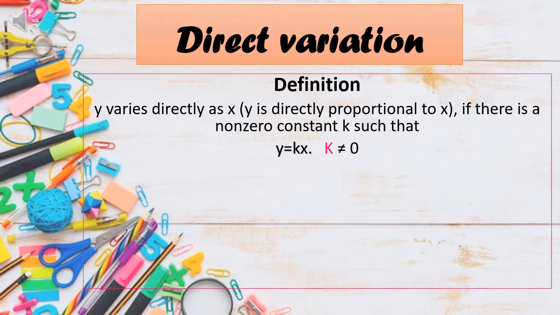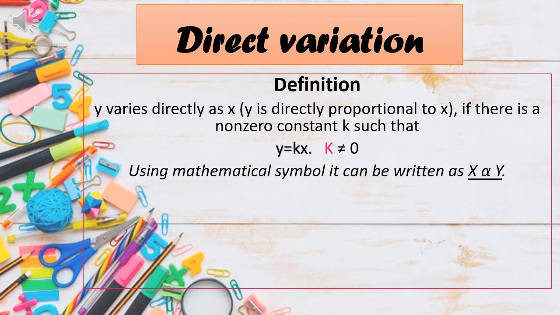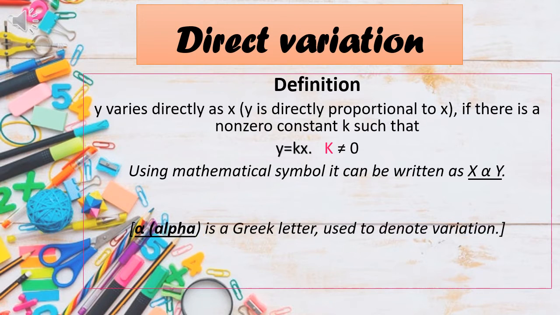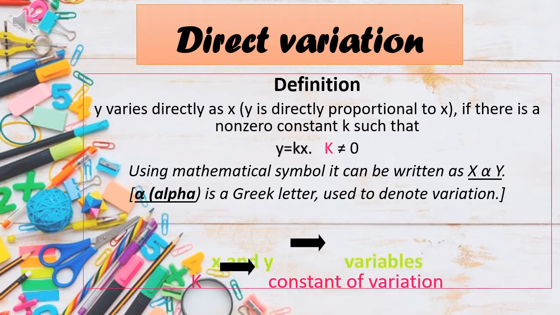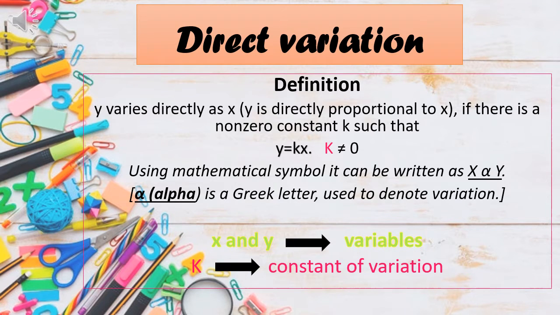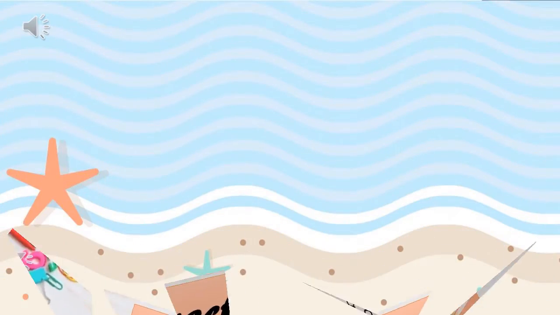We can also write this formula in mathematical symbolic form. The formula is x alpha y. Alpha is a Greek letter used to denote variation. So y is equal to kx is the same as x alpha y. And here x and y are variables and k is a constant of variation.